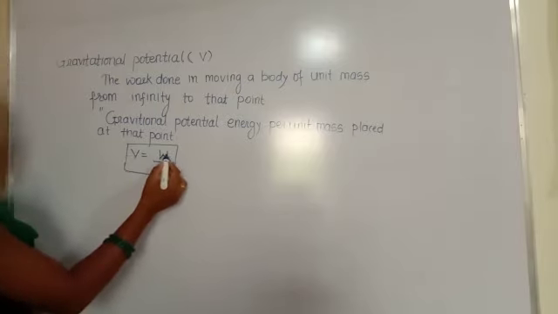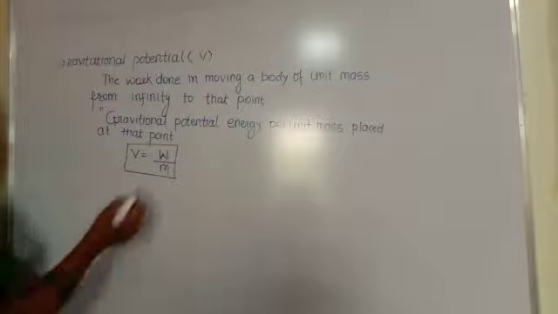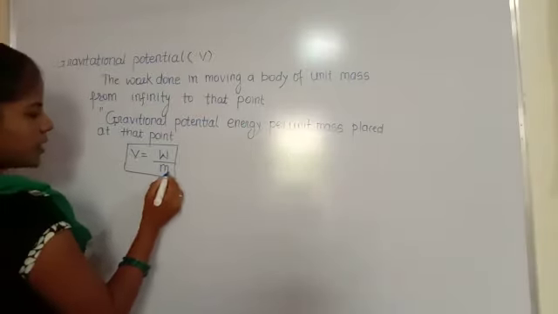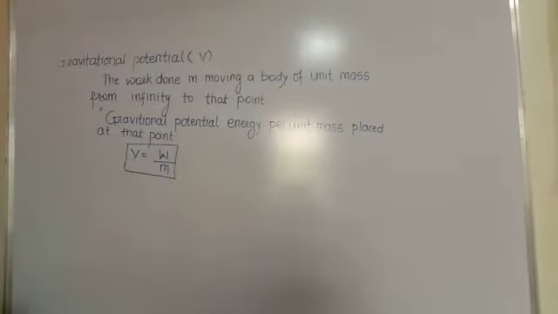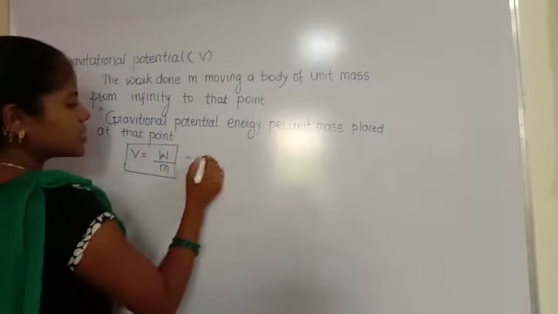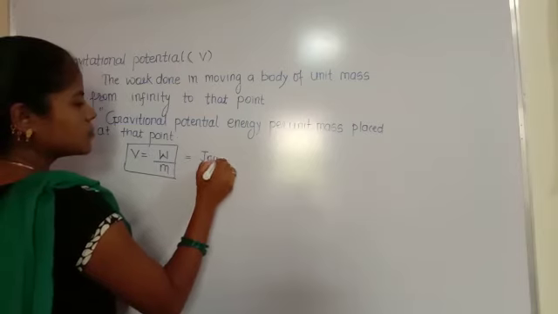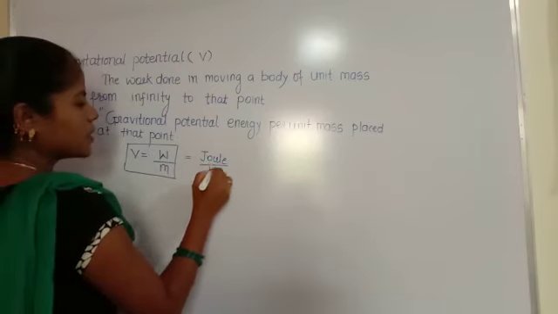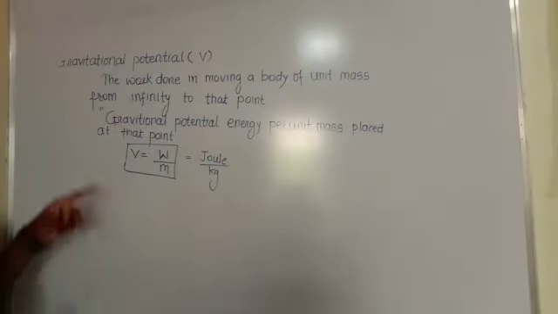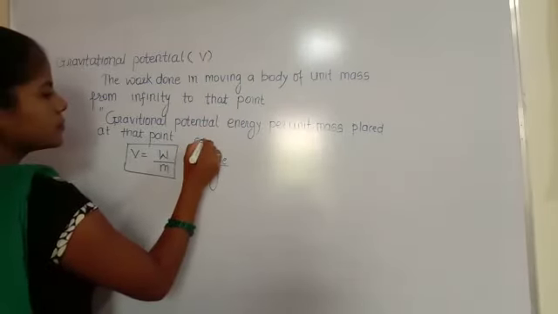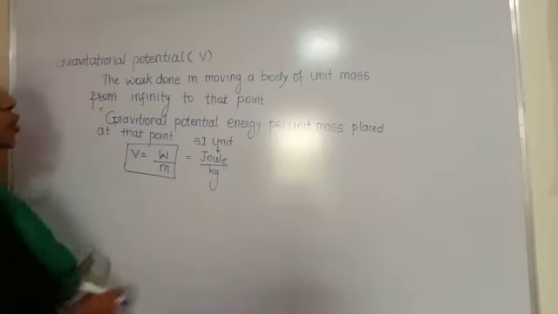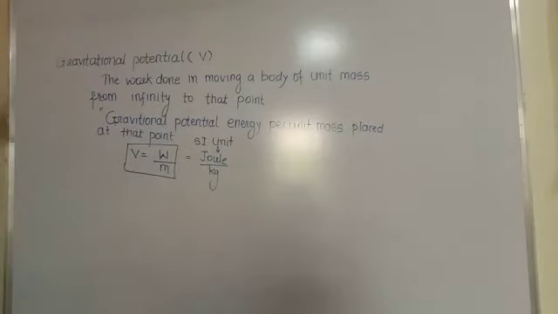Means the gravitational potential is nothing but the work done per unit mass. So V is equal to W by m, and its unit is joule per kg. Joule per kg is the SI unit of gravitational potential.